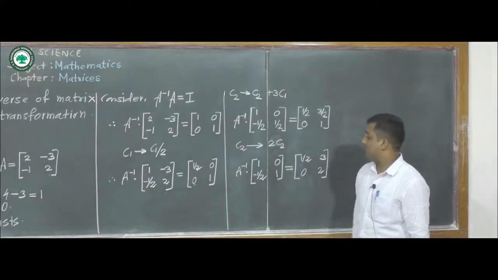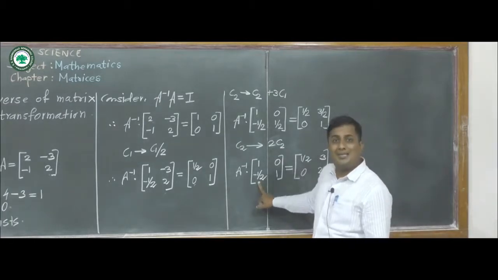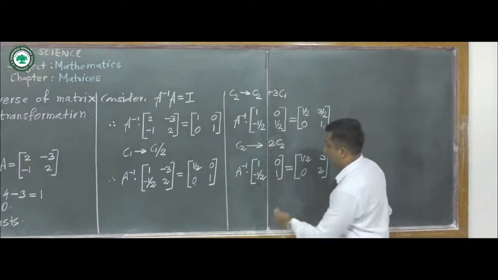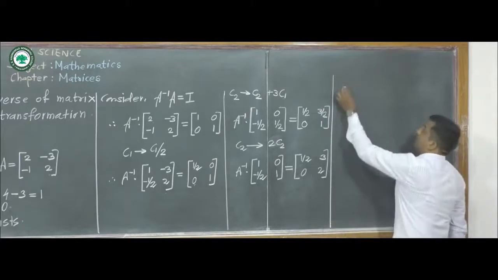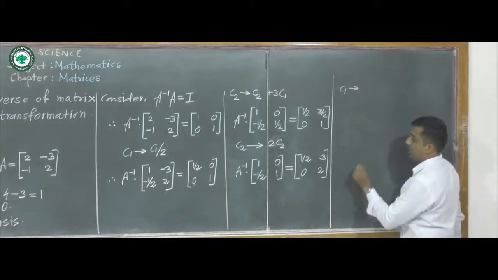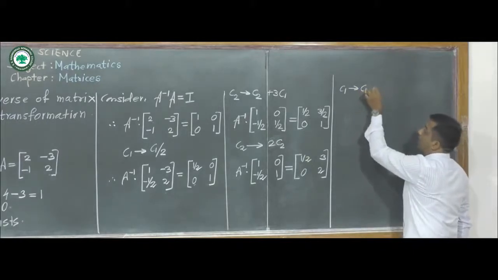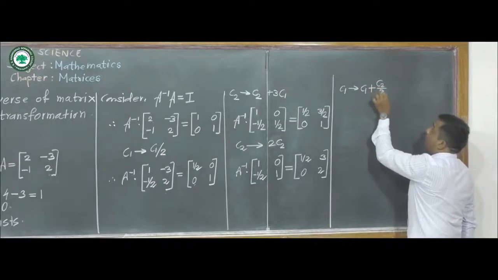Now in the next step we have to make this minus 1 upon 2 to 0. And to make this 0, the change is in column first, and the change is C1 plus C2 upon 2.